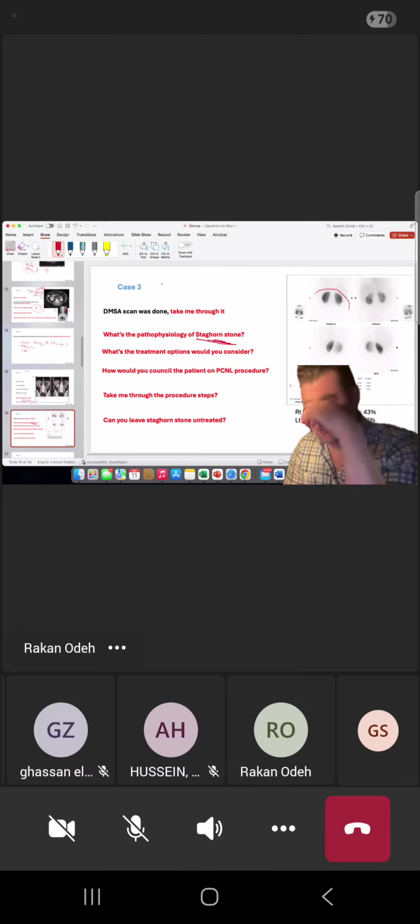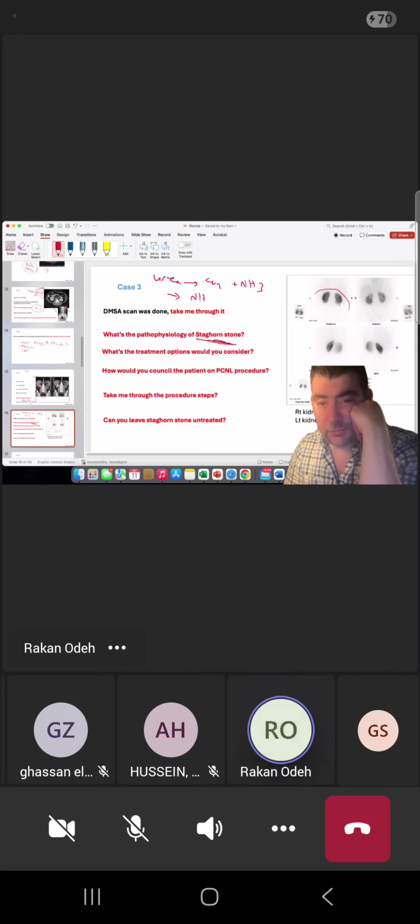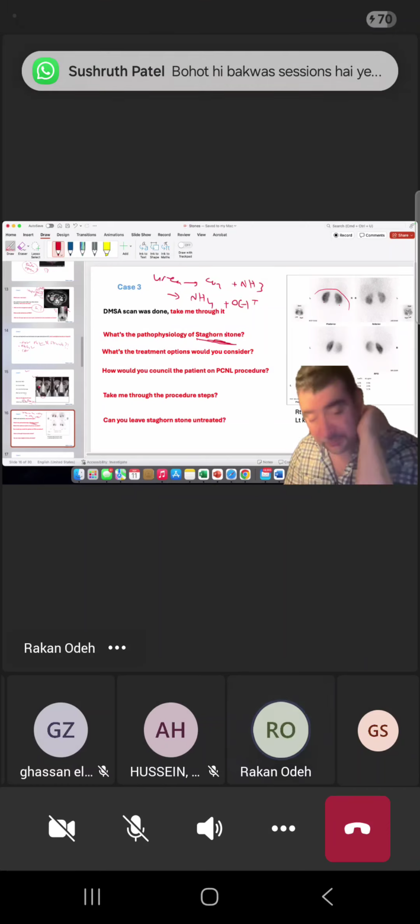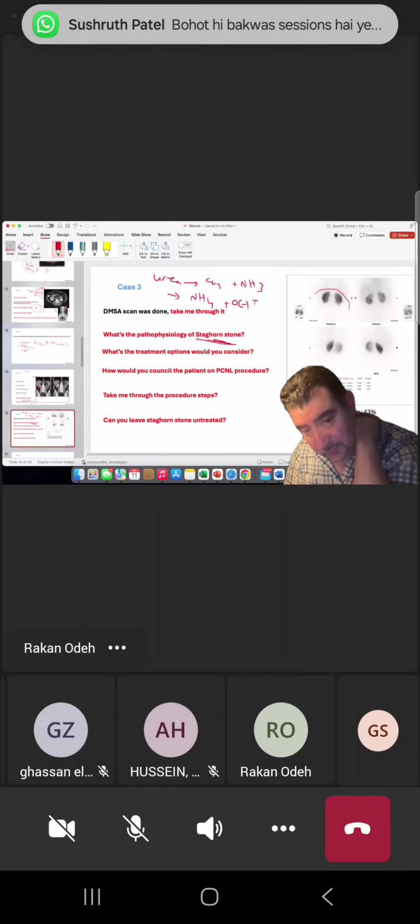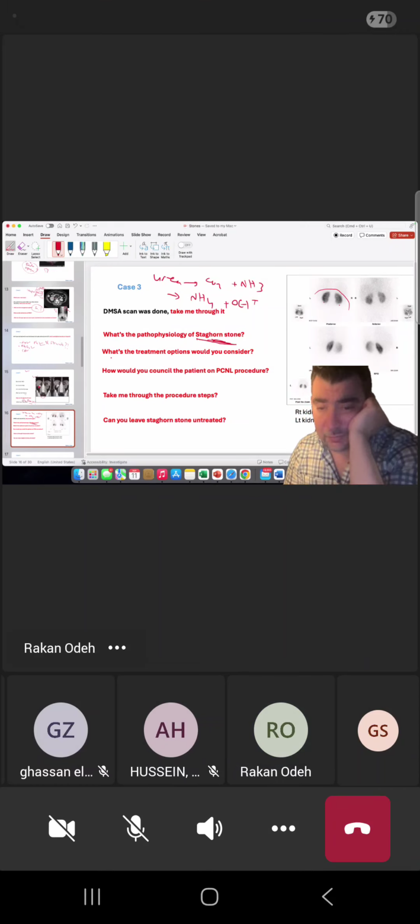This urease enzyme can split urea to CO2 and ammonia, and then ammonia can combine with water, which gives NH4 plus and hydroxyl OH. Hydroxyl will make the urine alkaline, and that's how the stone would form, usually at pH more than 8.3.